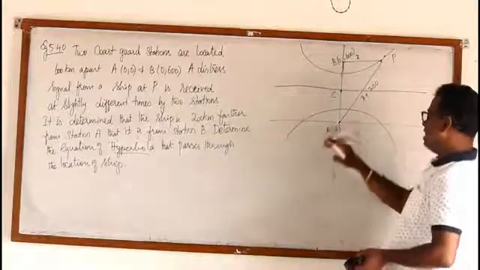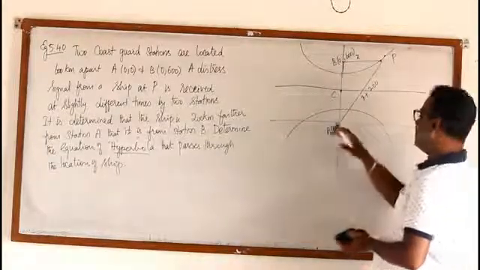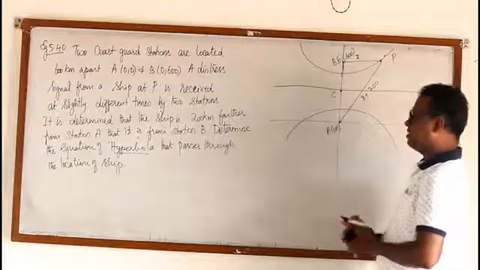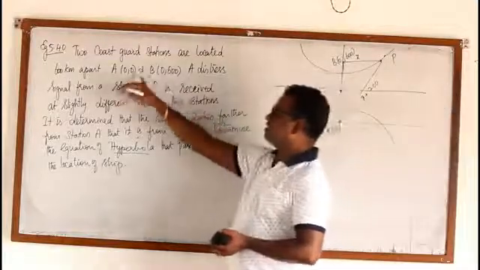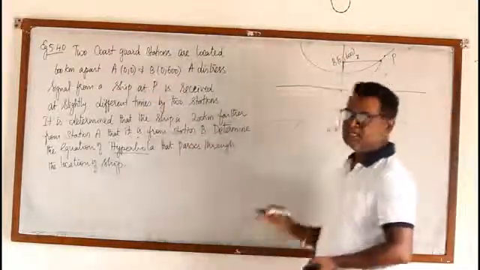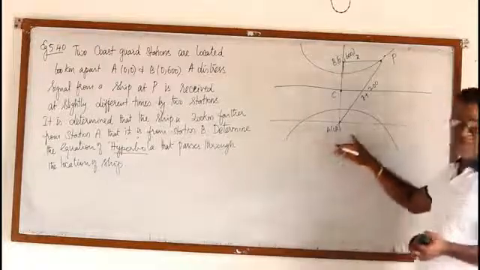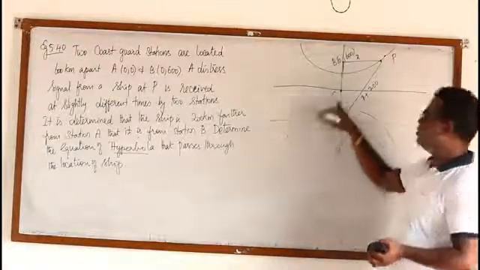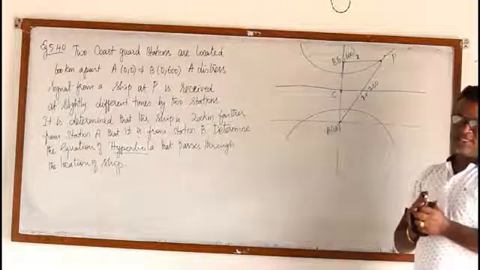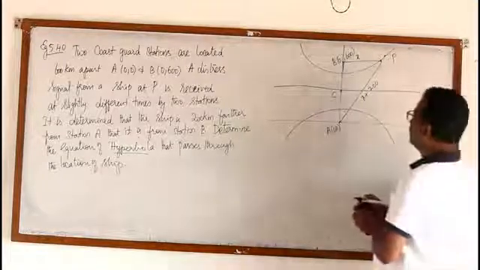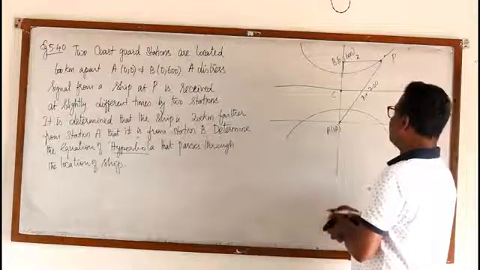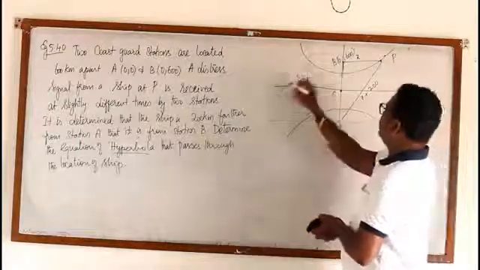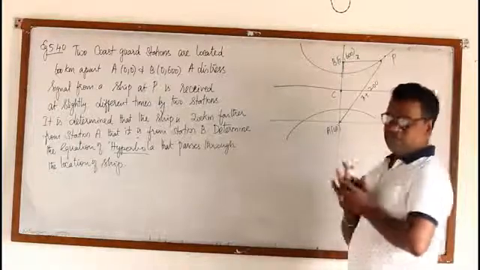Two stations A and B are there, with a distance of 600 km between them. They gave A as (0, 0) at the origin and B as (0, 600) on the y-axis. Now we know this curve is a hyperbola, so these two points, being fixed, act as the foci.